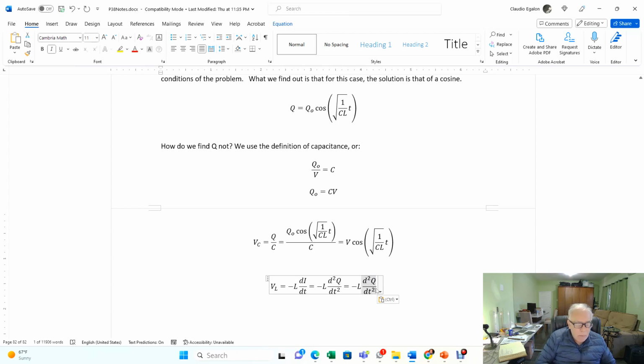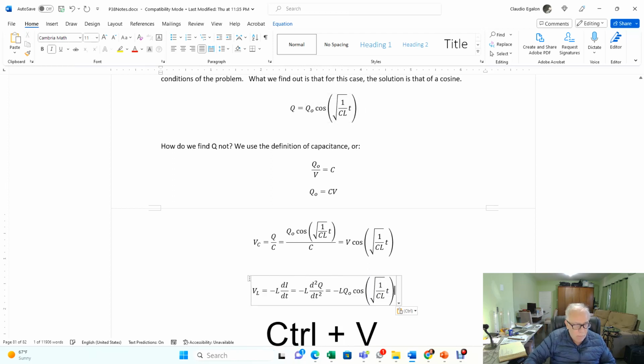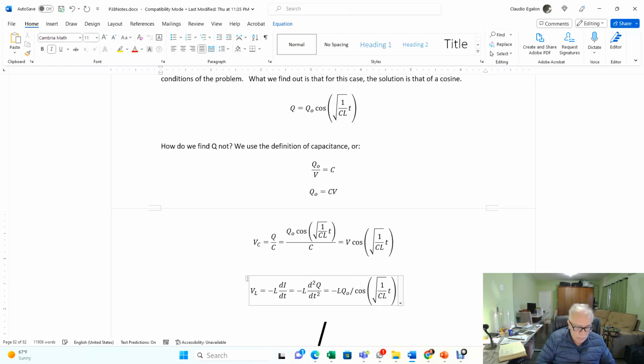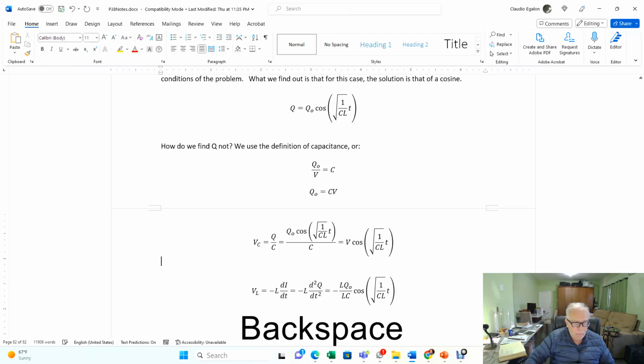The same cosine here. And we also get, since we are differentiating twice, L times C. And we also change the sign when we differentiate for the first time, right?